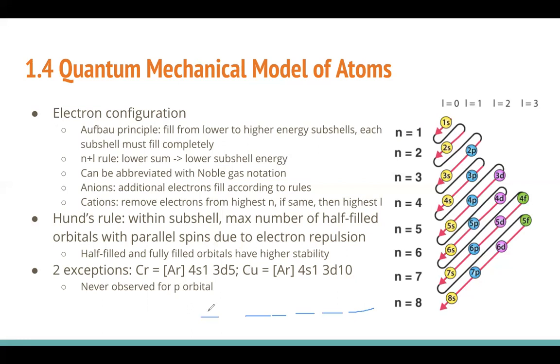For chromium, you would have 4s1, then d5, like that. The reason is that this is more stable than this. Because they want that subshell half or fully filled, that's why chromium is an exception. And the same thing is true for copper. If you just add the rest of the spins, that's the same logic for copper.